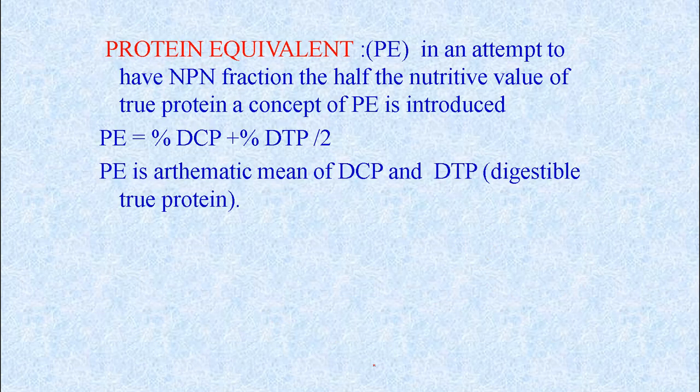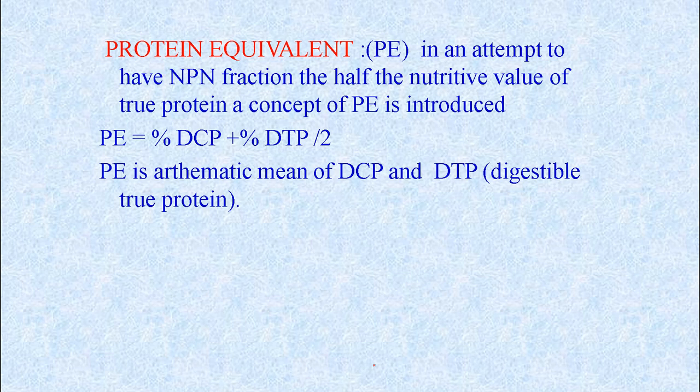Whereas the protein requirement is an attempt to have the non-proteinous fraction of the half of the initiative value of the protein, and the PE, or protein equivalent, is introduced. So what is protein equivalent?